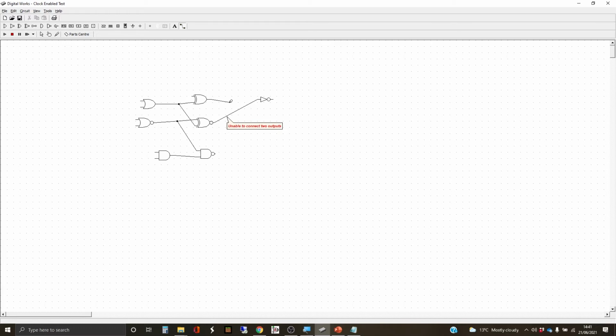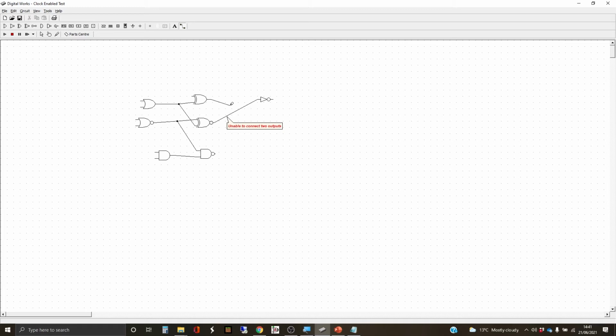So it is determining the level of this wire. This wire that's attached to my pen at the moment, whether it's holding a high or a low status or signal, is dependent on this gate here that it's connected to. And if I try and connect it to a wire that's connected to the output from another gate, the question then becomes which of those two gates is determining the state of this set of interconnected wires?